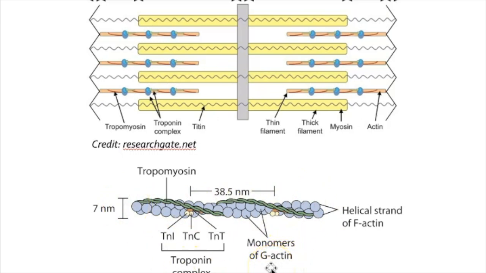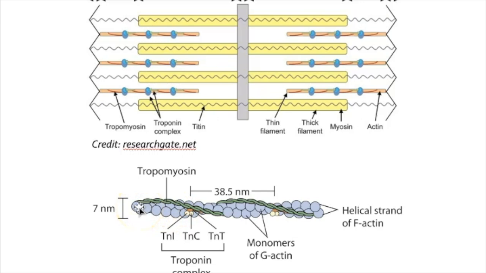G-actin is the name we give to an individual molecule of actin, or globular actin. So we have 2 strands of F-actin, all bound together and wrapped around each other like a helix. That's the actin portion of the thin filament.